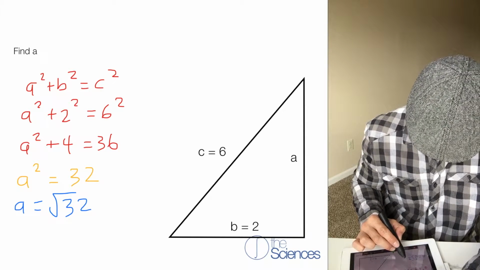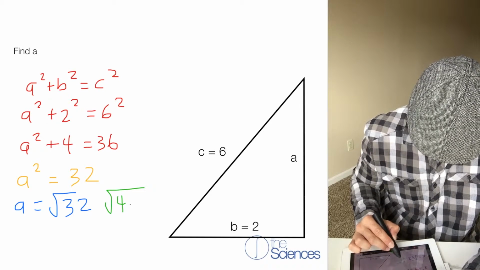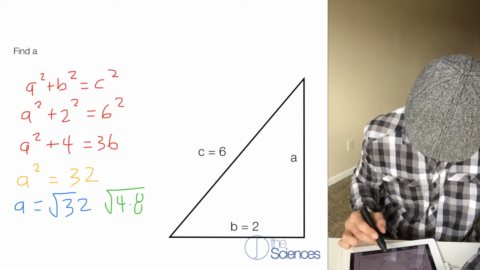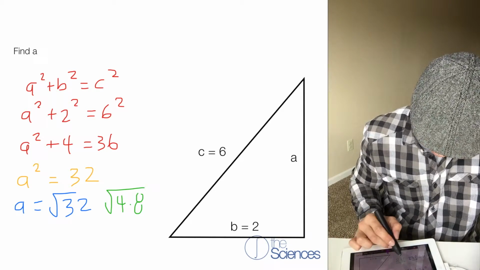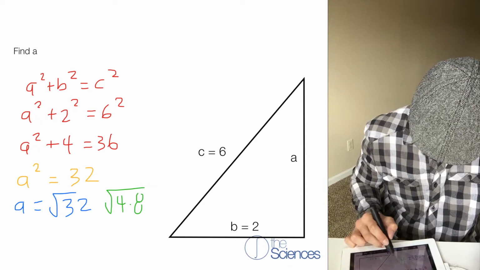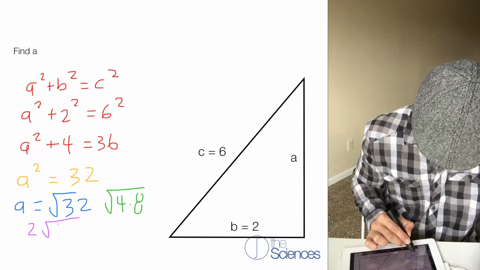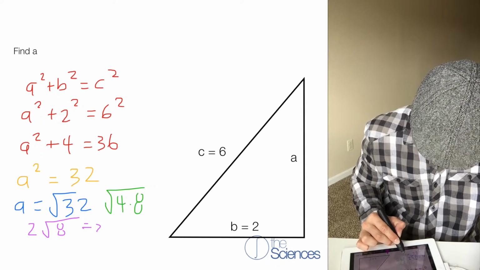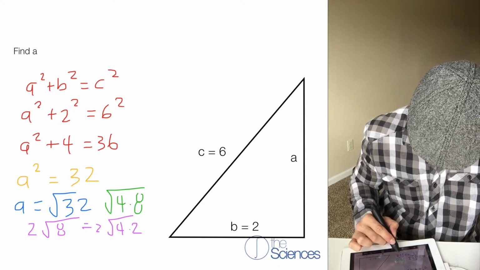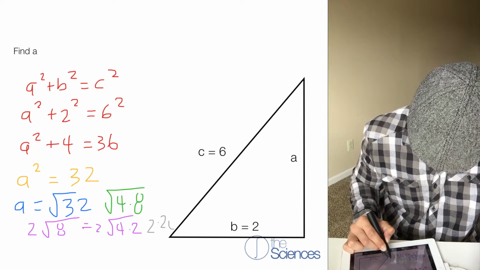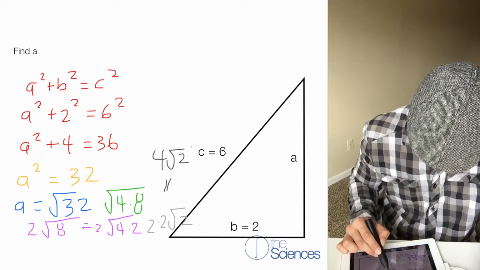And then you can break that down into the square root of 4 times 8. The square root of 4 is 2 times the square root of 8, which can be broken down into 4 times 2. And then the square root of 4 is 2, so 2 times 2 square root of 2, or 4 square root of 2.